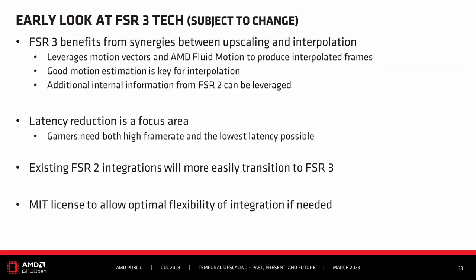So instead of the color clamp, we will rely on a second set of motion vectors generated by AMD Fluid Motion technology, and then use some estimation of which set of motion vectors, the game-provided motion vectors or the generated motion vectors, produce a better result, basically which pair of pixels is more trustworthy to generate the final interpolated image. So good motion estimation is key for this interpolation, otherwise especially transparent objects or shadows won't work correctly.